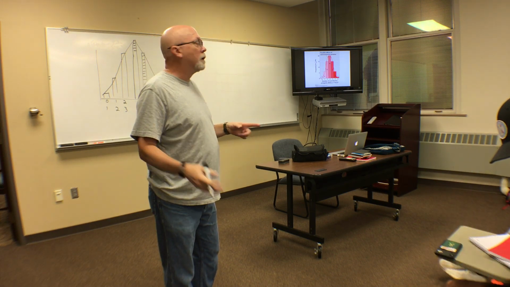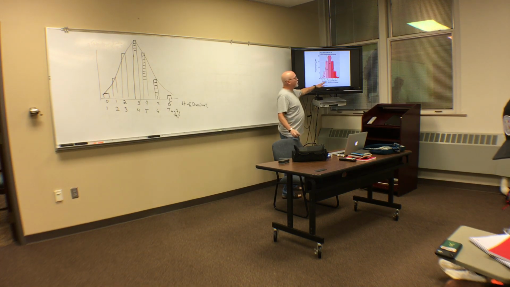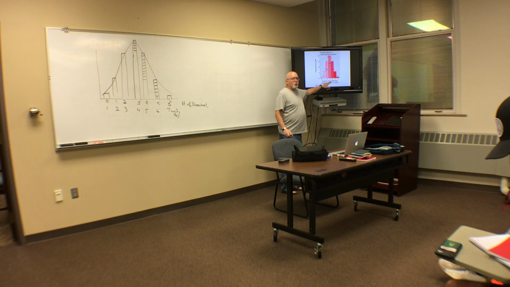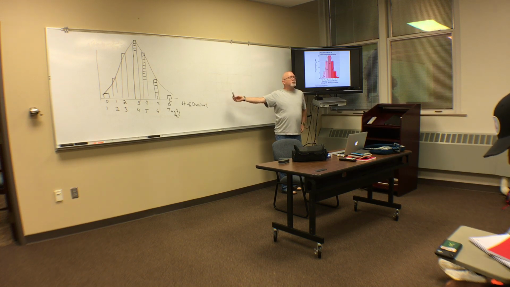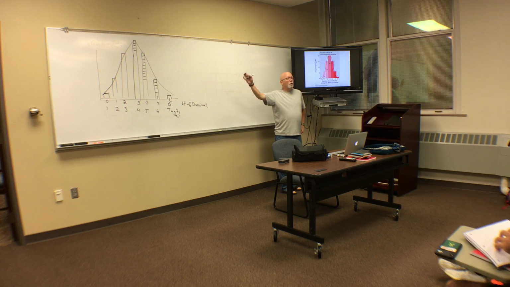Whenever you see a normal distribution of phenotypes, you should think, that's a phenotype that is underlain by lots of genes, each dominant allele contributing a little bit to that overall phenotype.